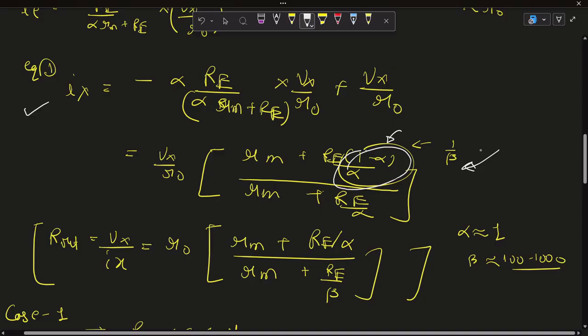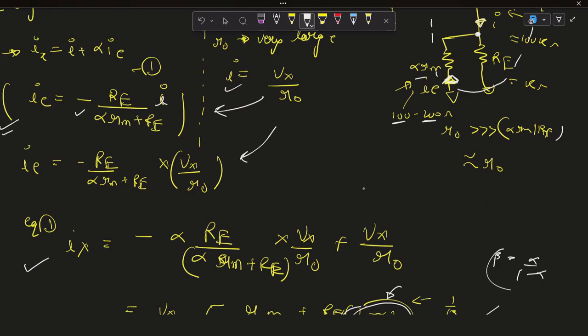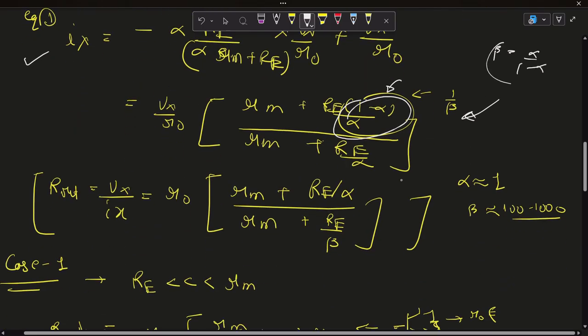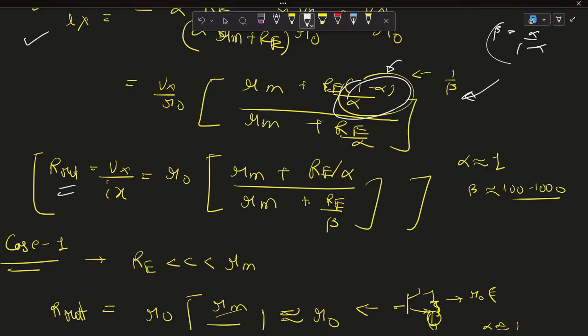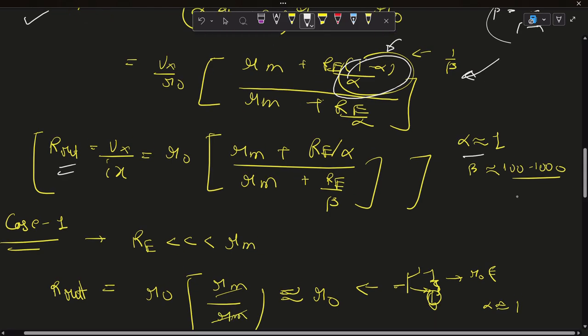This expression is 1 upon beta, as beta is equal to alpha upon 1 minus alpha. So if we simplify more, then Rout is Vx by Ix, which is equal to R naught, Rm plus Re by alpha Rm plus Re by beta. So this is our final expression, and alpha is almost 1 and beta is from 100 to thousands.